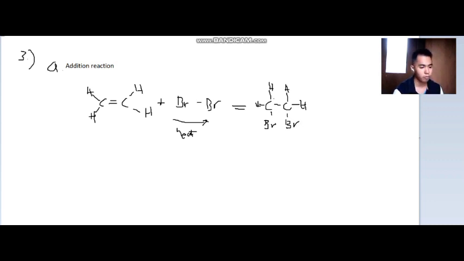So this means that there is no atom left behind. So this is going to be a dibromoethane.